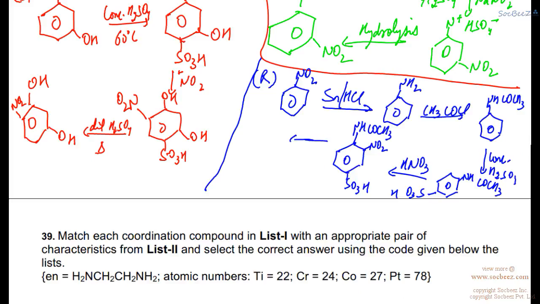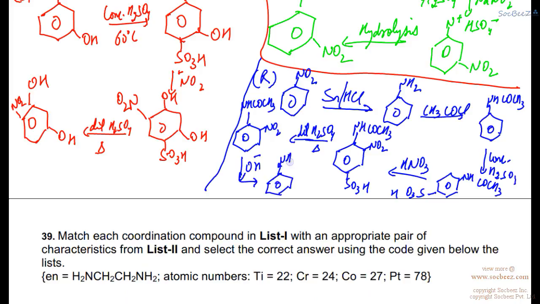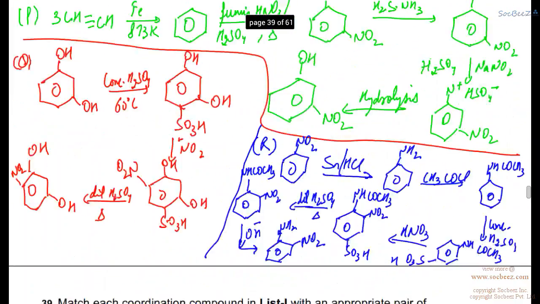Okay, and now after treating with dilute H2SO4 and heated, we get the product which looks something like this: NO2, NHCOCH3. And now further treating it with base, it gives the final product like NH2, NO2.